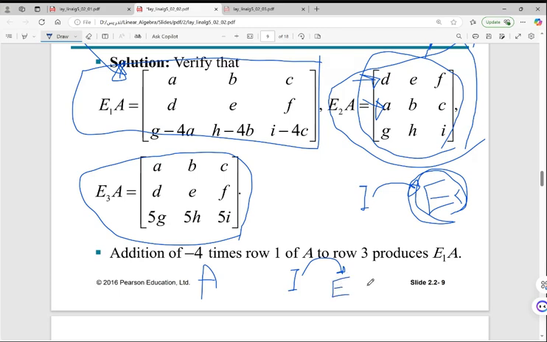Then you can compute E3A, which gives you the matrix obtained from applying row scaling on A. So it doesn't matter if you apply the row operation on A or you apply it on an identity matrix, get an elementary matrix and multiply the elementary matrix with A. They are the same. Do you see the point?